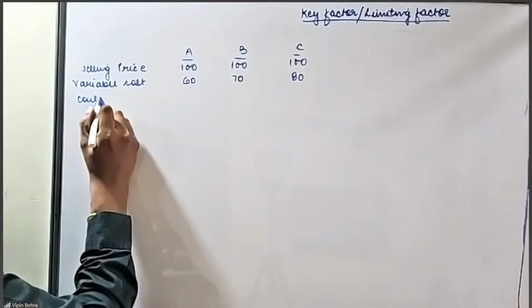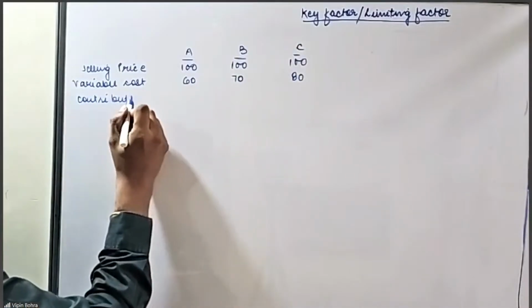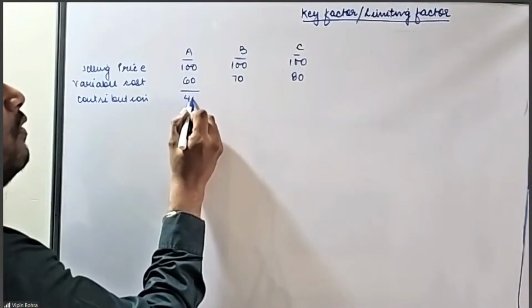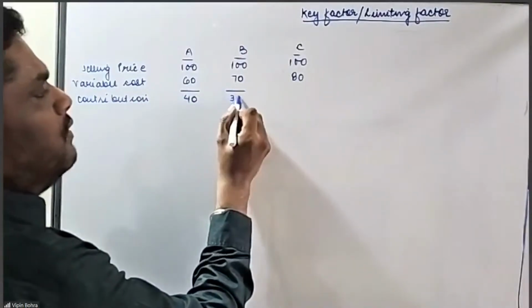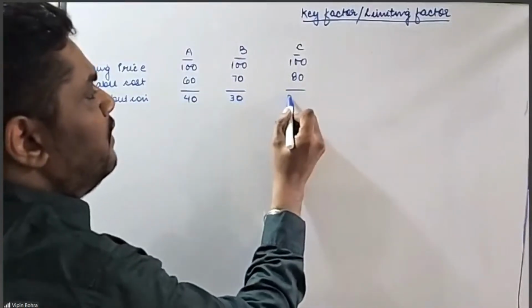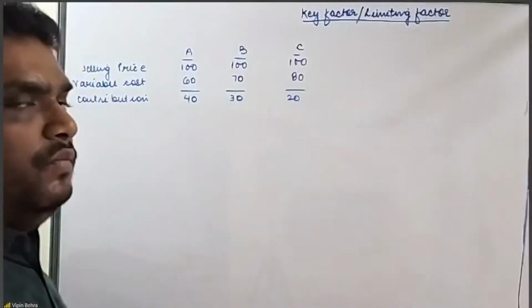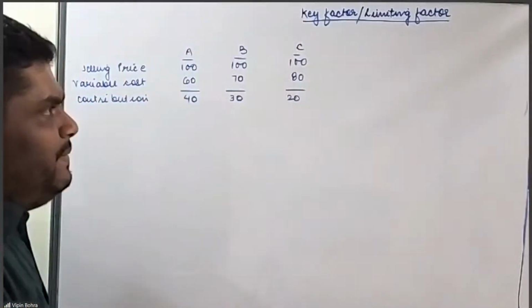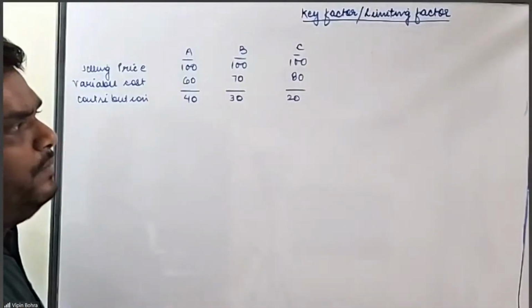So my contribution per unit is 40, 30, and 20. So this is the scenario wherein I'm manufacturing three products A, B, and C, and we have calculated the contribution.